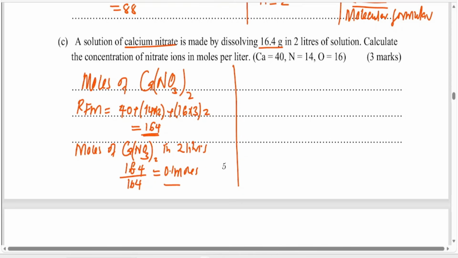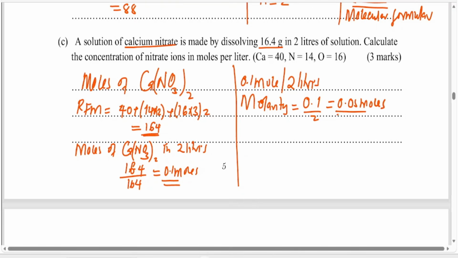So this 0.1 moles were in 2 liters. So the molarity of this solution, or per liter, shall be 0.1 divided by 2, and it shall be 0.05 moles per liter.